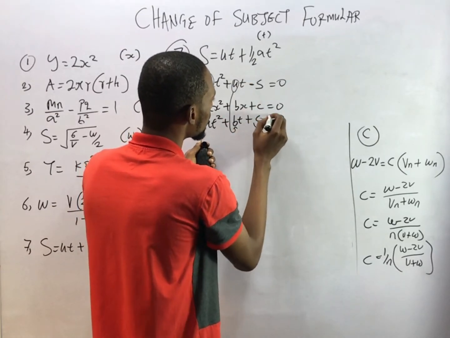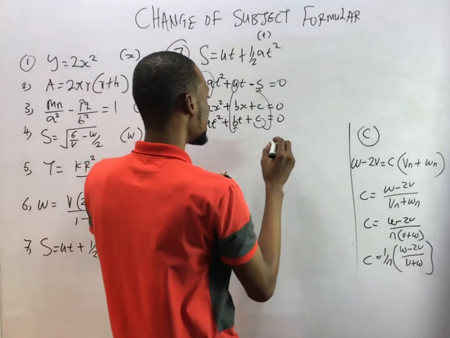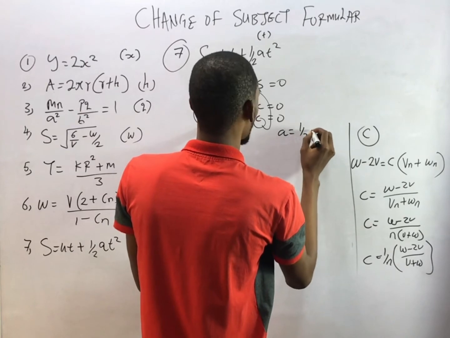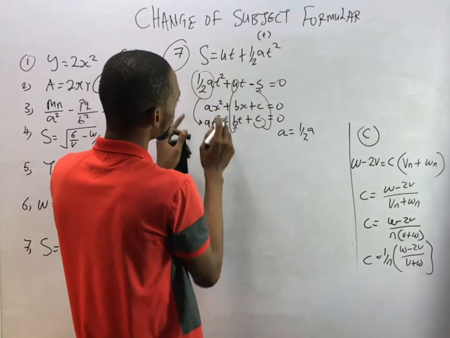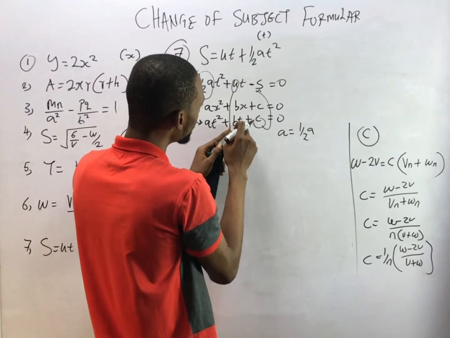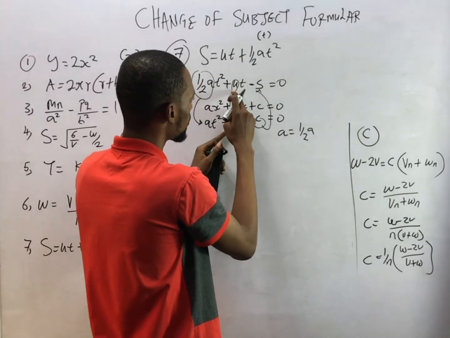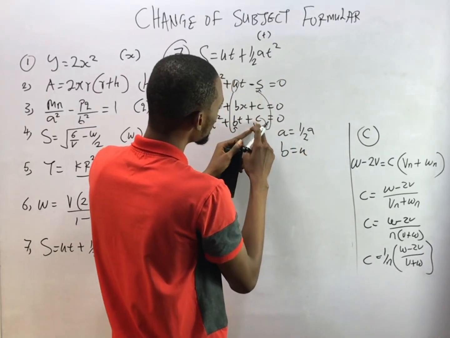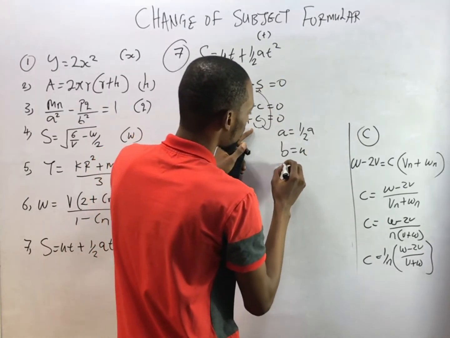C. So we can say that in this case, A is the same thing as 1 over 2 a. Comparing these two expressions, B is the same thing as u. Then C is minus s.